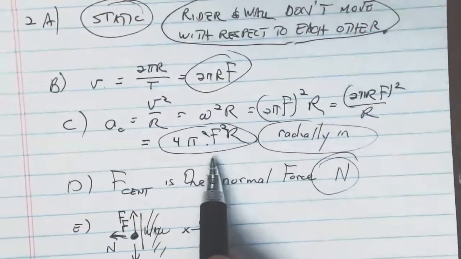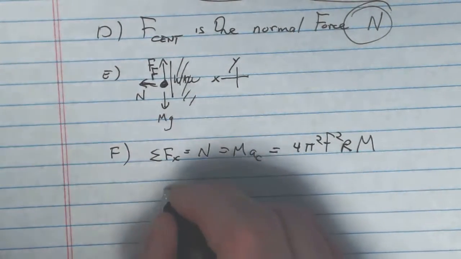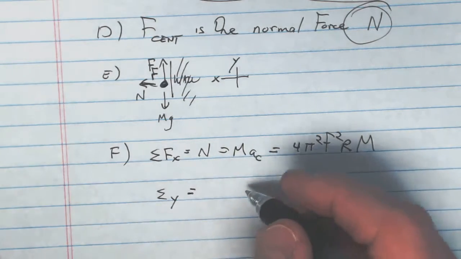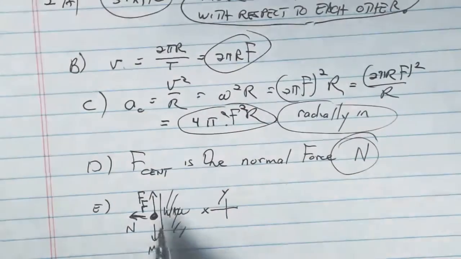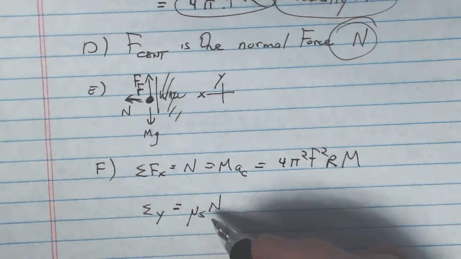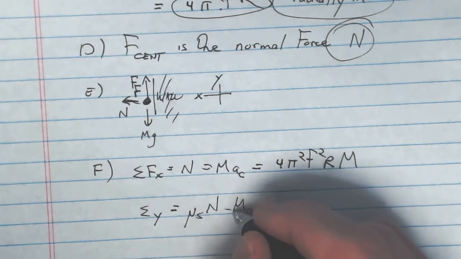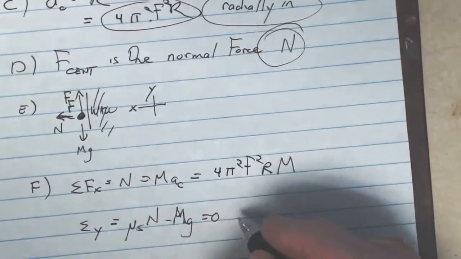The acceleration comes from up here. That's why I had you work it out earlier. Okay, the sum of the forces in the y direction is going to be mu s times the normal force. That's the force of friction pushing up, and I'll just write it as mu s N. Assume that we're using the maximum force, minus mg down. Those have to be 0.